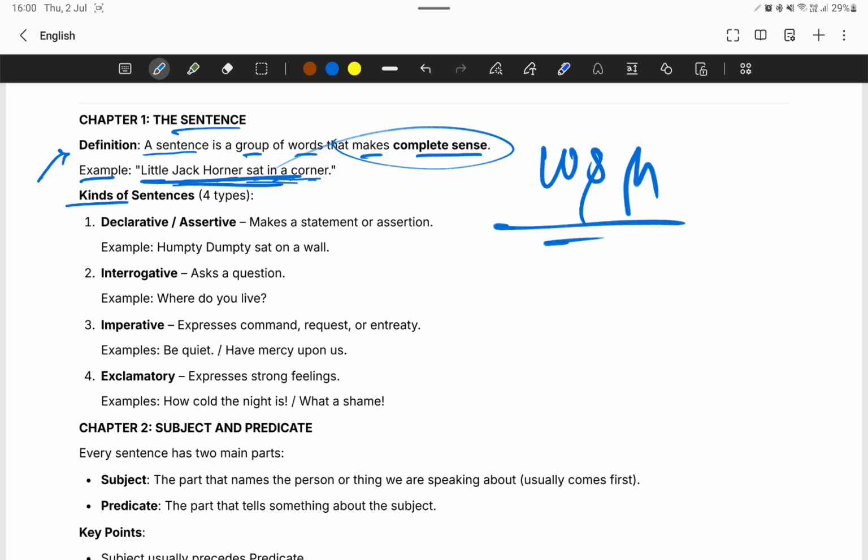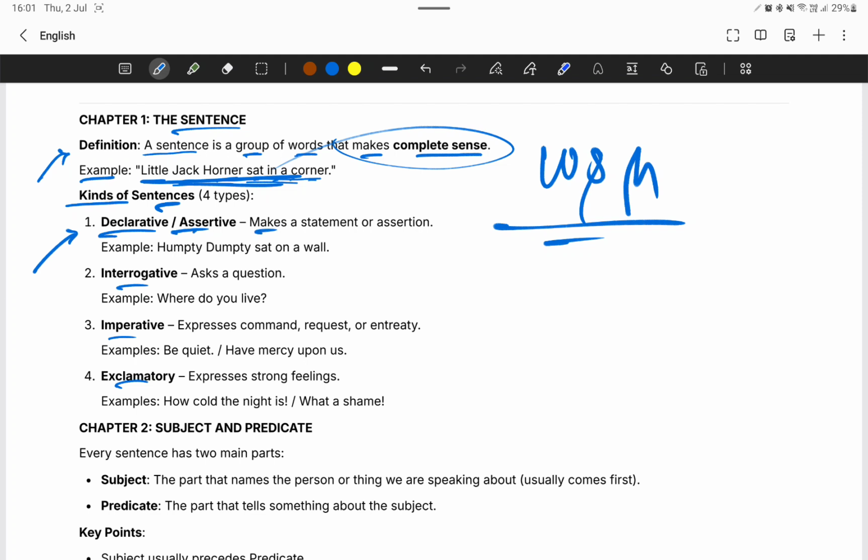We are using this grammar book and we are going to refer to that. So we have 4 kinds of sentences: first declarative or assertive, second interrogative, third imperative, fourth exclamatory.